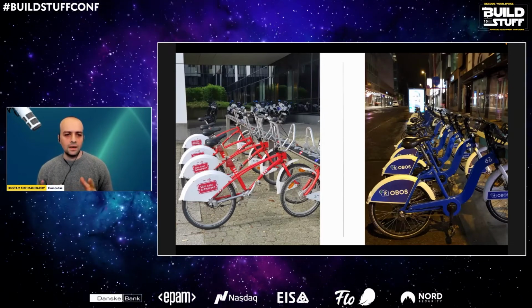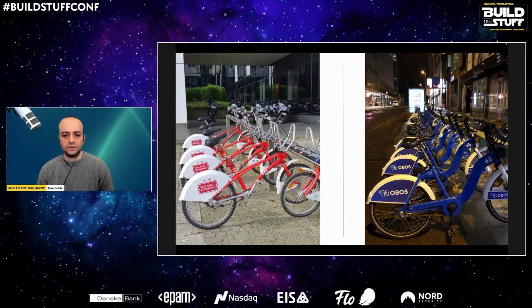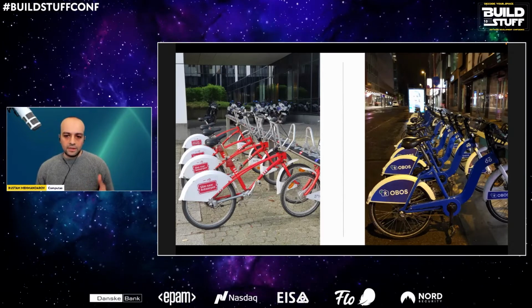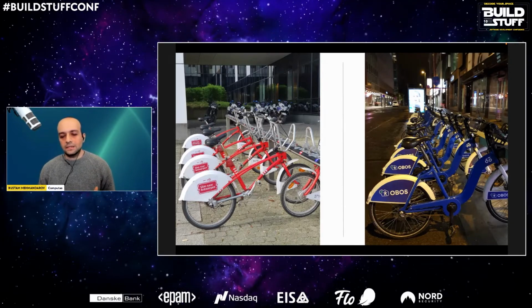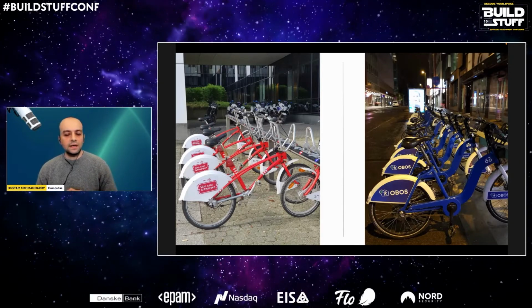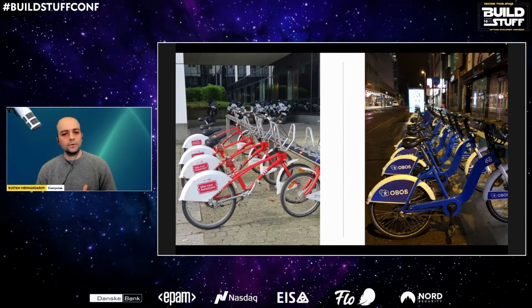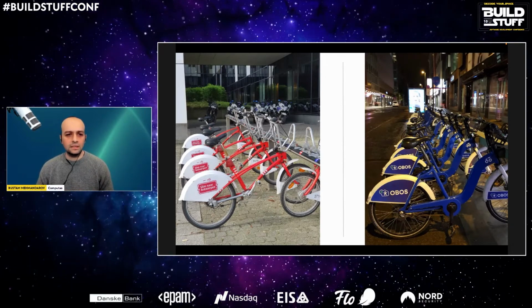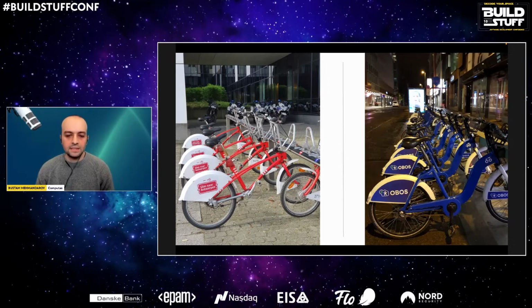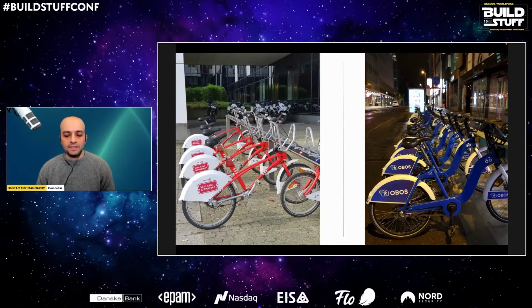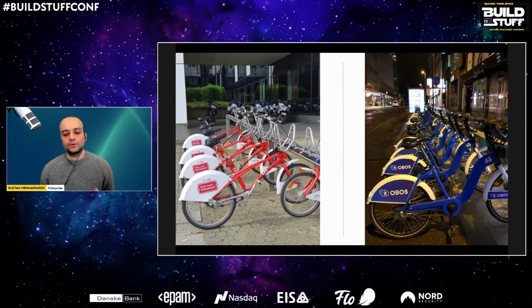This is where I live. I live in Oslo, Norway, where I work and live and everything. And the ones on the left side, I think they're from Antwerp. I think that was when I was at Devoxx Belgium at some point. And the idea is to show you that those bikes are everywhere.